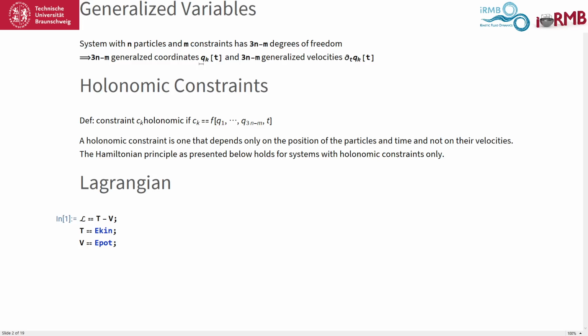And for each position, we also have a velocity, the change of this position in time. So we have this time derivative here, and by the way, you can write time derivatives in Mathematica like this. You would have qk as a function of t, as indicated here.